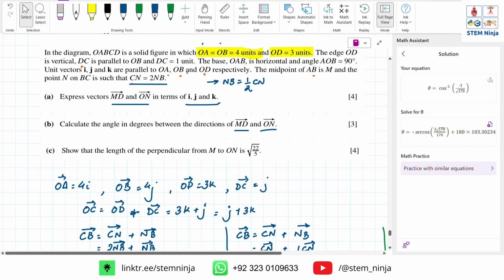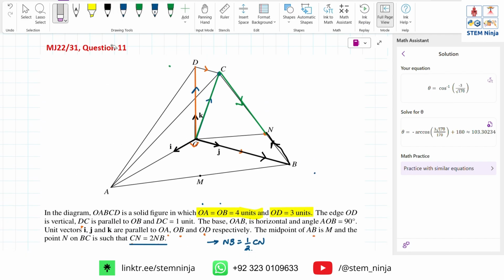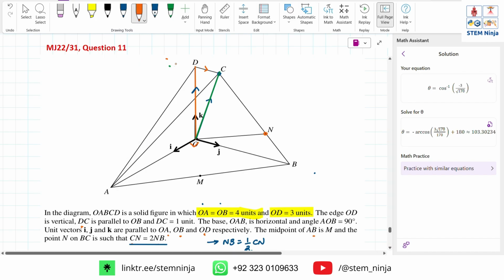Show that the length of the perpendicular from M to ON. Okay, so from M to ON. So let's erase these. From M to ON.